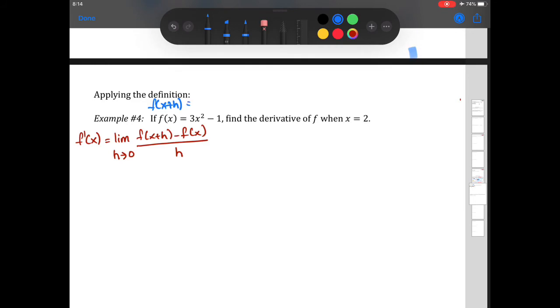So wherever I see x, I'm going to substitute it with x plus h squared minus 1. Expand that, and what do you get? I'm just going to do it here. It'll be x squared plus 2hx plus h squared minus 1. Distribute the 3. So the final thing I get is 3x squared plus 6hx plus 3h squared minus 1.